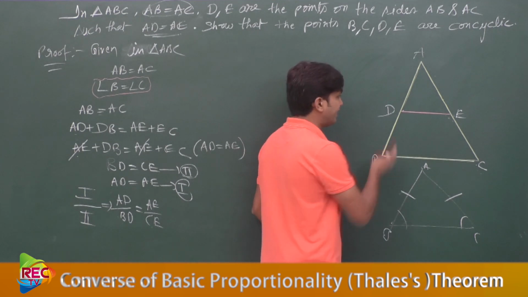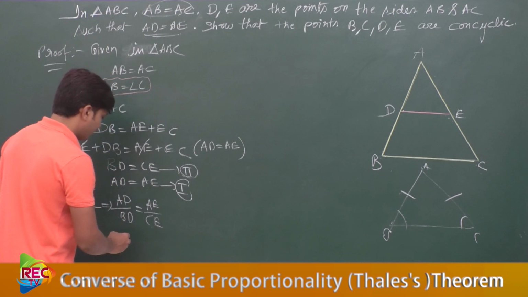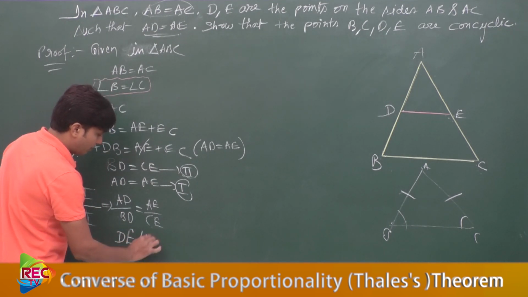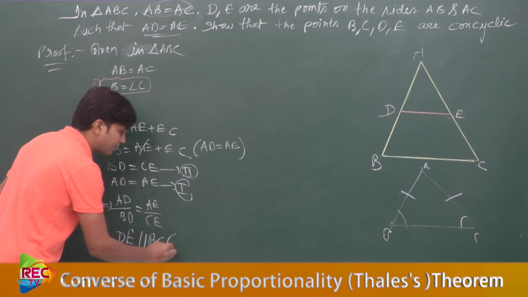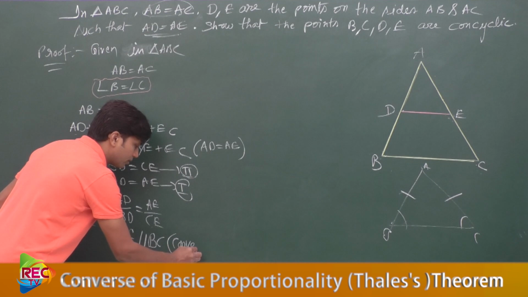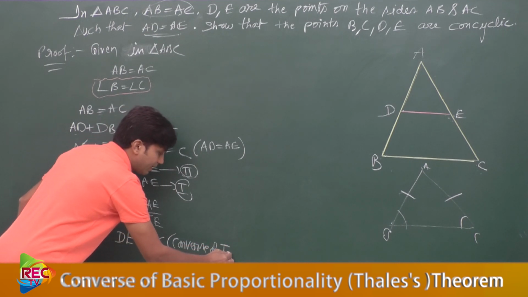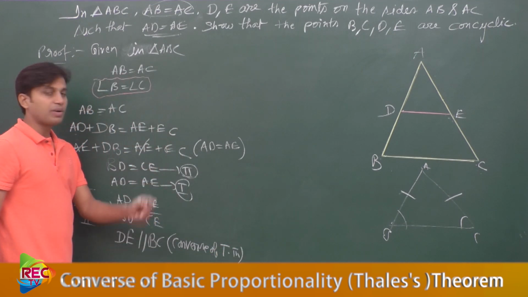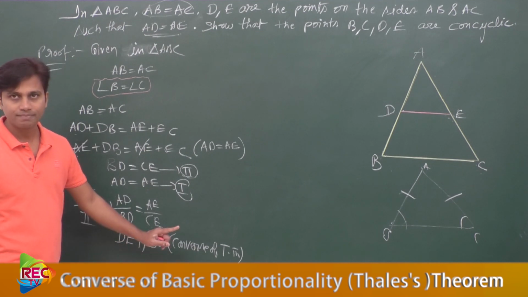So here DE will be parallel to what? BC, from the converse of the Thales theorem. Converse part of the Thales theorem says that DE is parallel to BC.